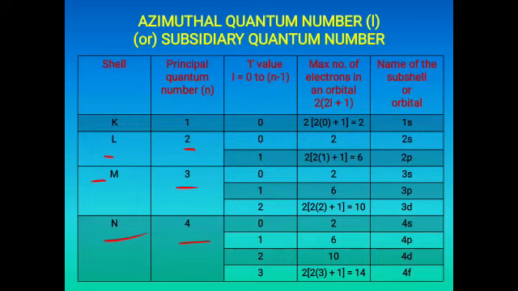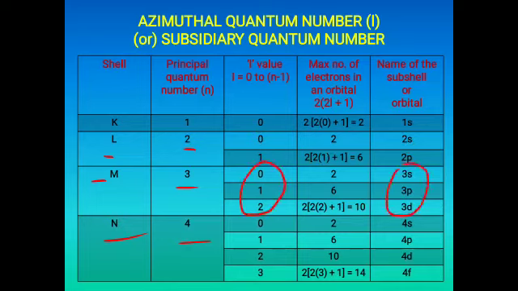So first orbit contains only one value 0, so it is represented as 1s orbital. Second orbit contains 2 values 0 and 1, so it is represented as 2s and 2p. And our third orbit contains 3 values, so they are represented as 3s for 0, 3p for 1 and 3d for 2.